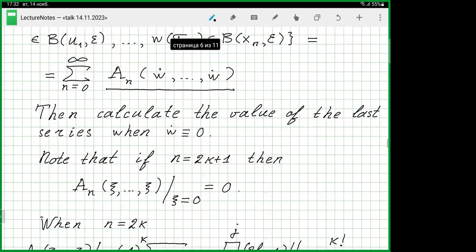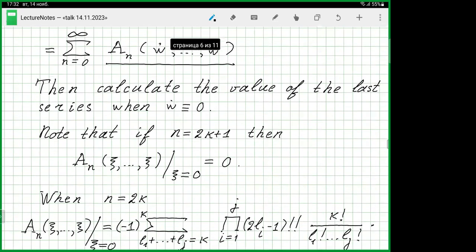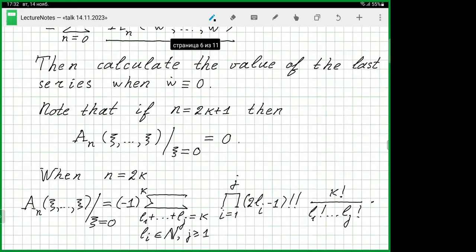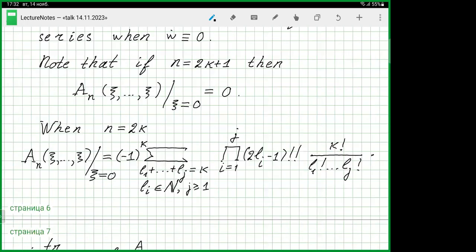Let me say a few words about values at the point 0. So note that if n is of the kind 2k plus 1, then this AN is equal to 0 at the point when xi is equal to 0. It reflects the fact that if we have the Hermite polynomials of such degree, then its value at 0 is 0.